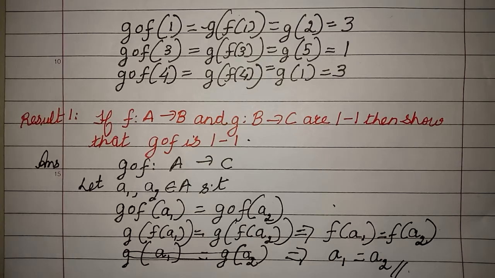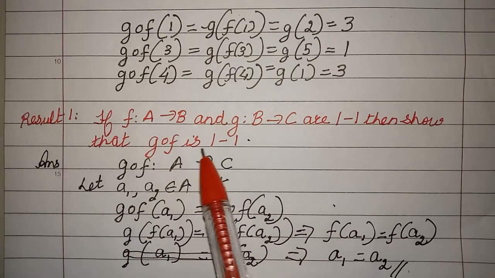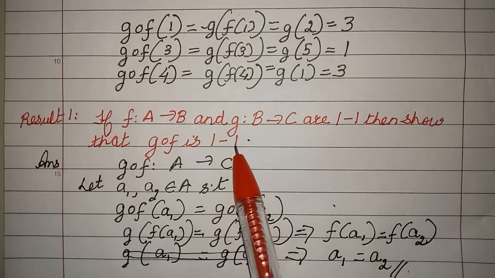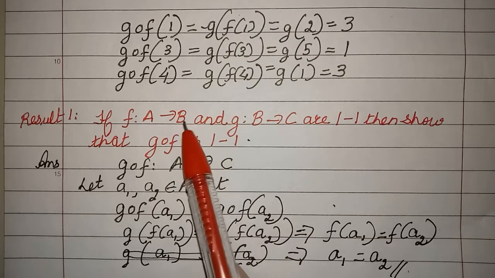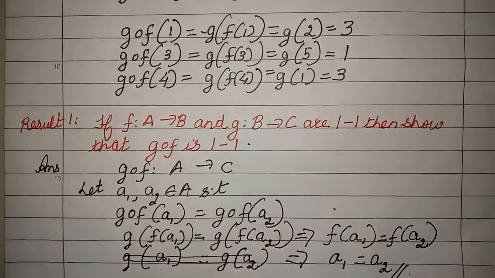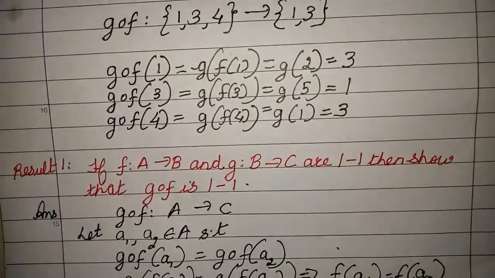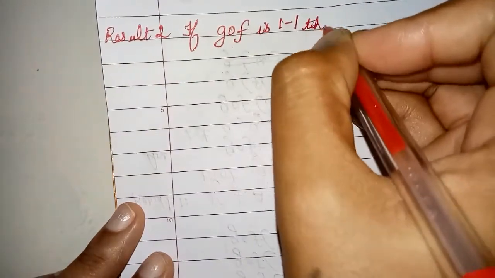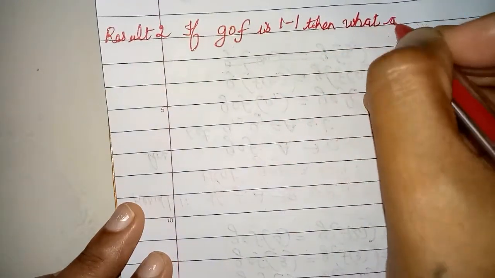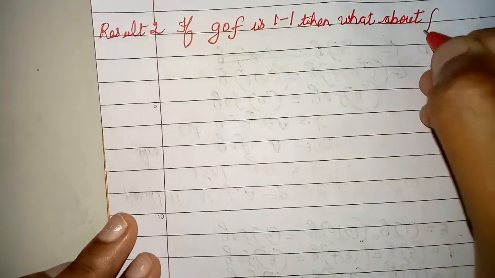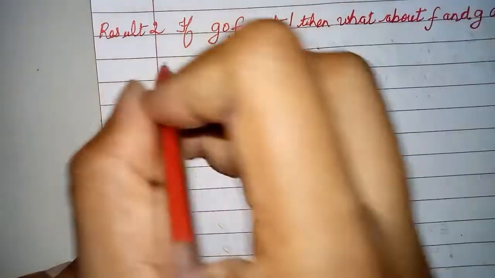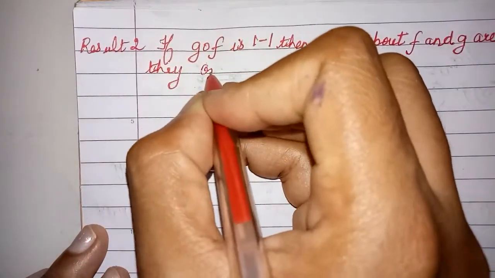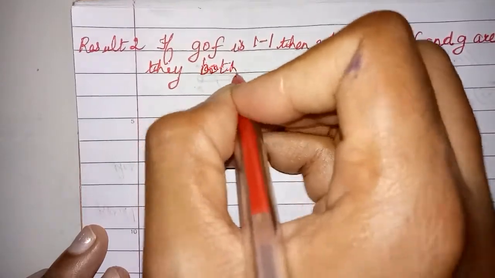The converse says that if g composite f is one-one, then is it true that f and g both need to be one-one? Let me take it as result 2. If g composite f is one-one, what can we conclude about f and g? Are they both one-one?